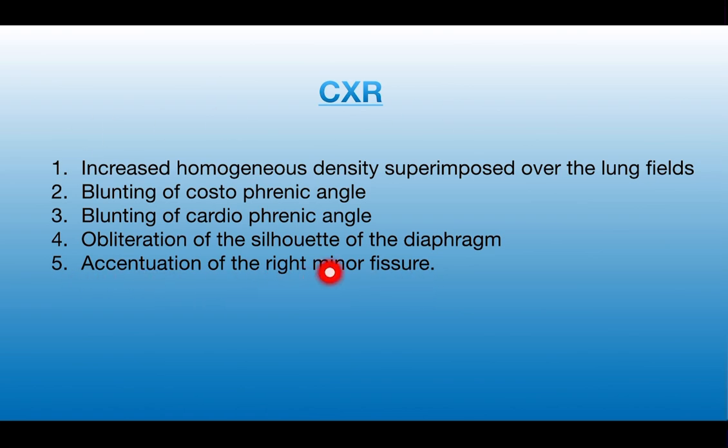So these are the 5 signs which point towards presence of pleural effusion. However, it can be confirmed only on ultrasound if it is a dicey kind of situation, or CT and MRI obviously.